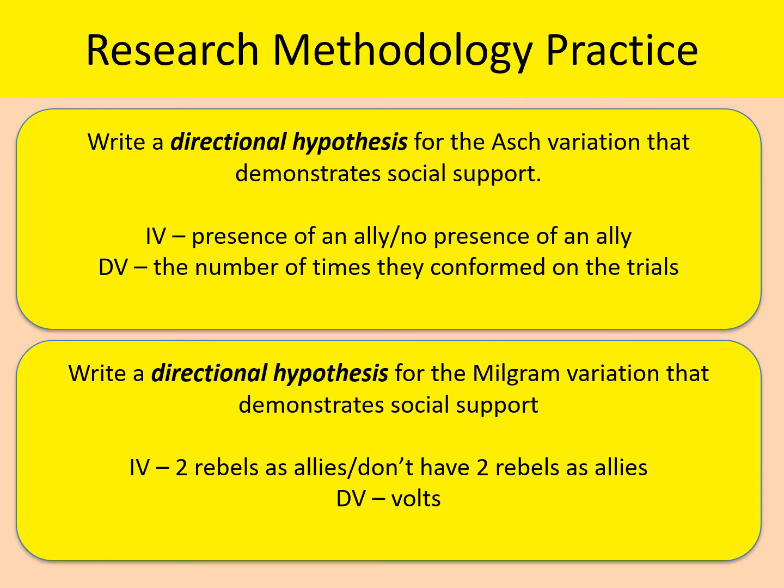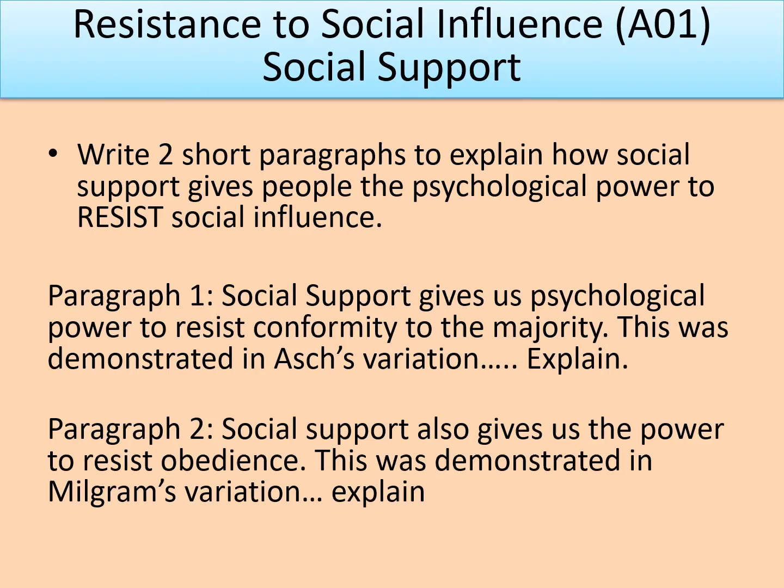Oh, hello. Really sorry, but it has flicked through the slide where I actually wrote the hypotheses for you, so I'll just tell you them. Participants who have the presence of an ally will conform on fewer trials than participants who don't have the presence of an ally.